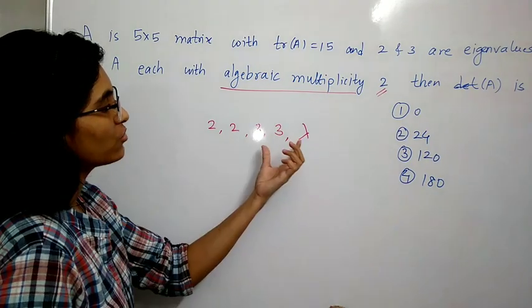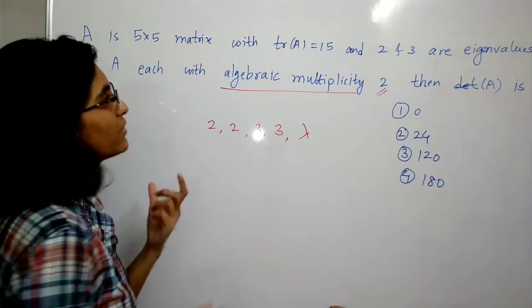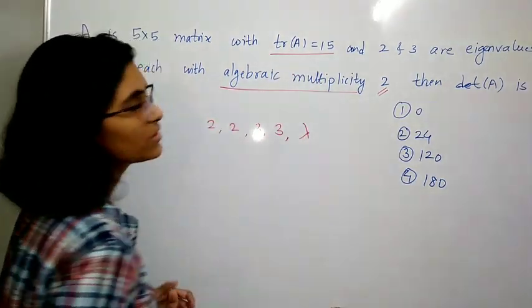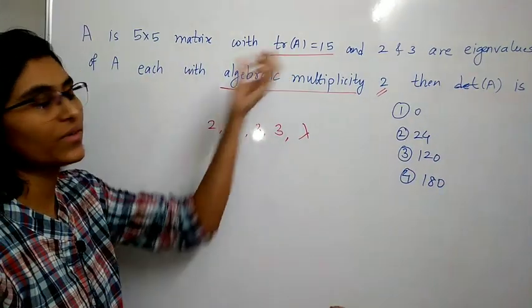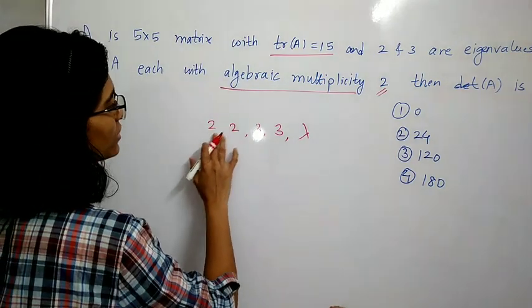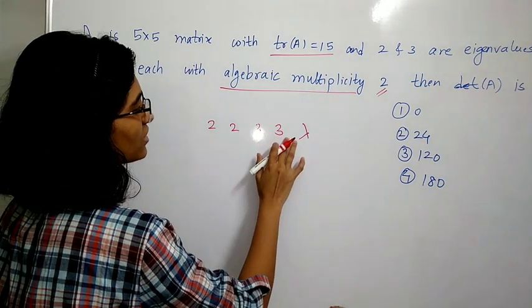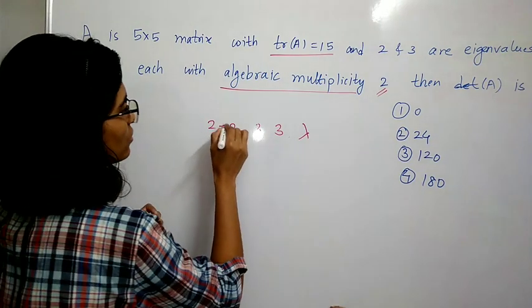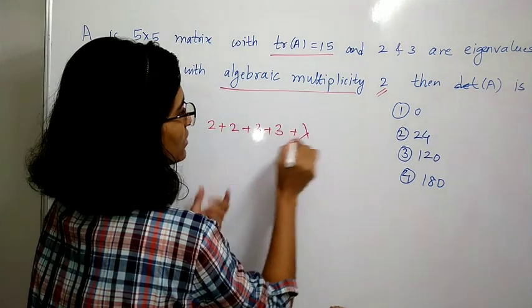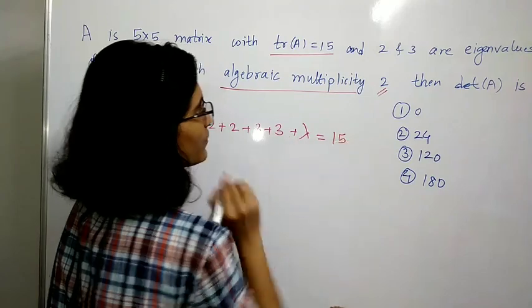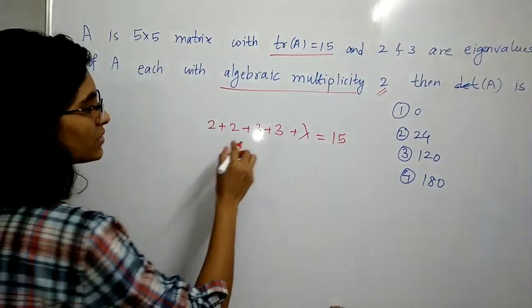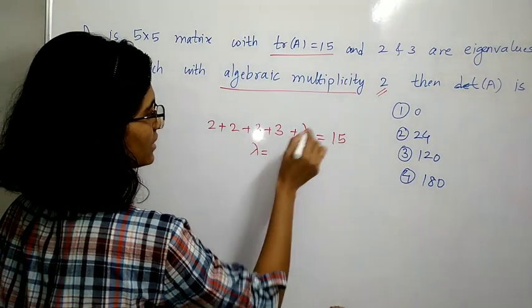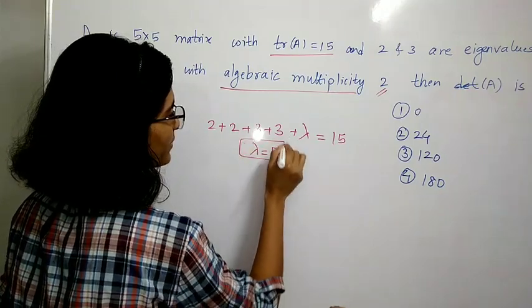Now we do not know what this lambda is. So how do we get the value of lambda? We have another piece of information about A, which is that trace of A is 15. Trace is just the sum of the eigenvalues. So this sum is equal to 15, and from here we get that lambda is equal to 5.